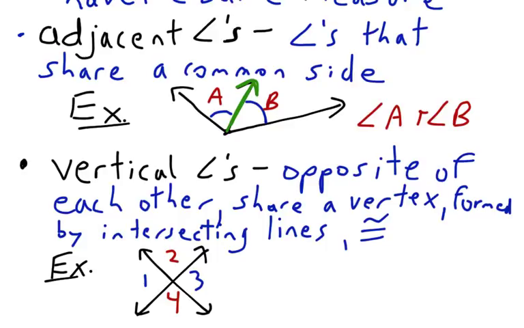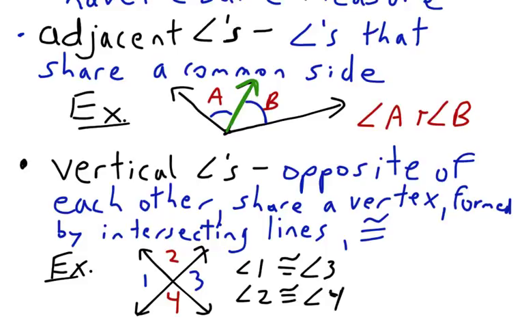So we'd say angle 1 and 3 are vertical. So that means they are congruent. And really I should say that like this. Angle 1 is congruent to angle 3. And I can say that angle 2 and angle 4 are congruent. And what's the reason?